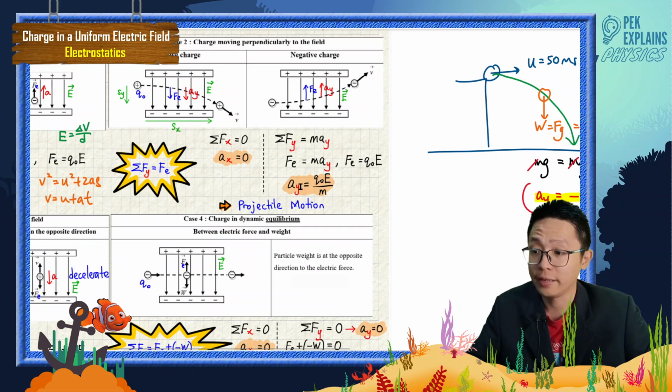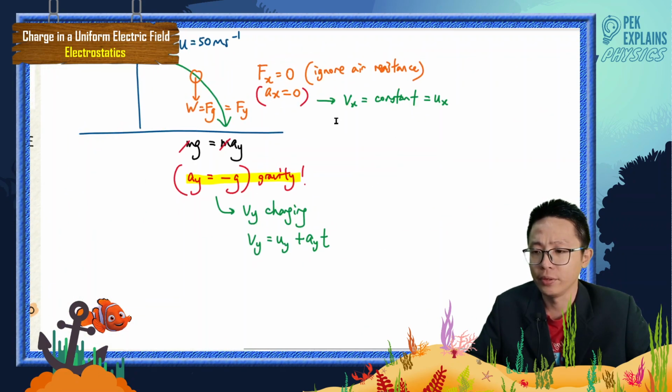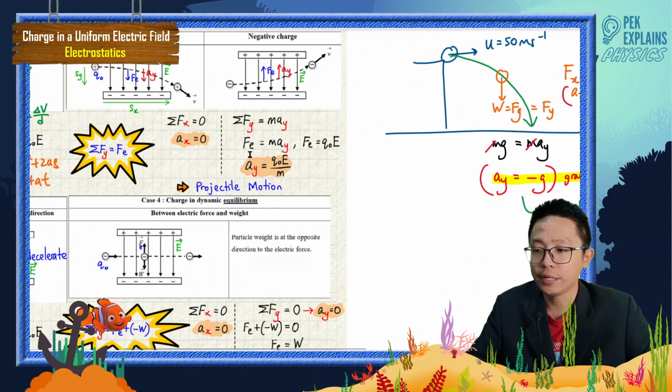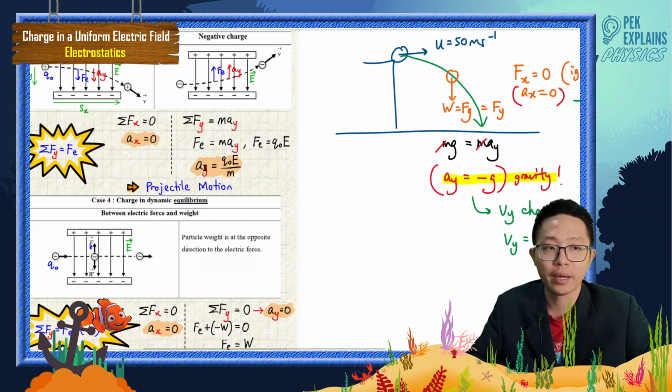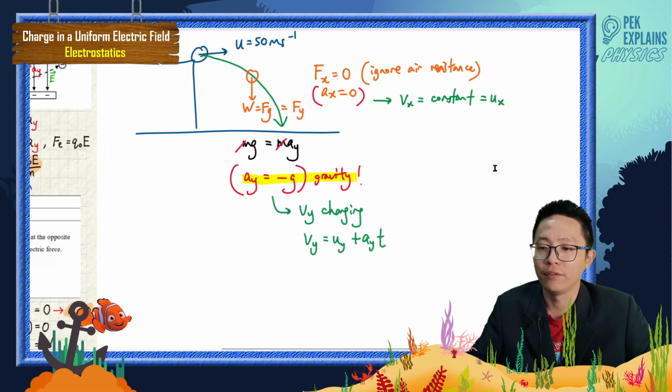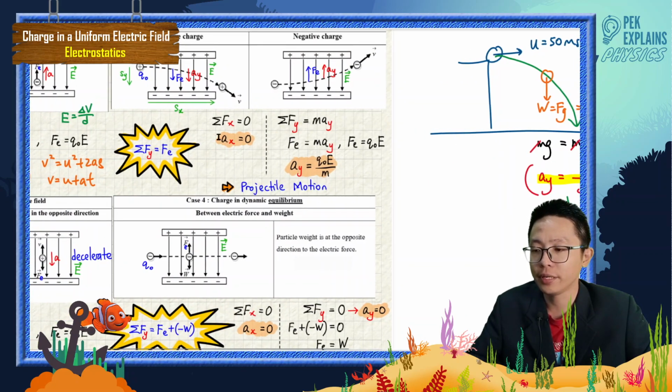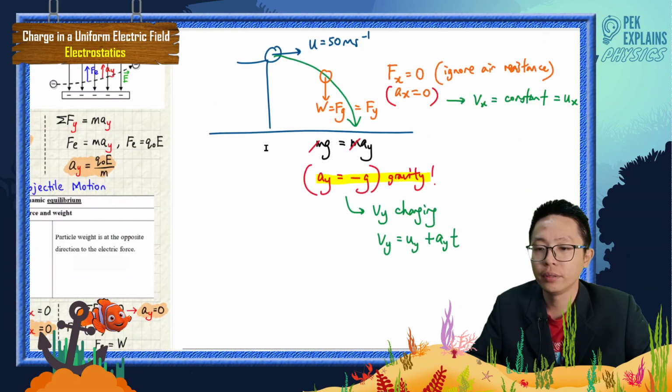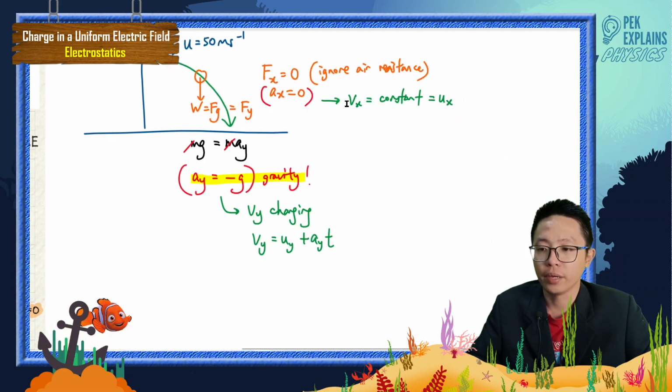Once we got the Ay, we can do all sorts of projectile motion calculations. If you want to find the final velocity, Vy equal to Uy plus Ayt. You can find the Vy, the final velocity in y component. For the x component, Ax is 0, Vx equal to Ux, so it's not changing.